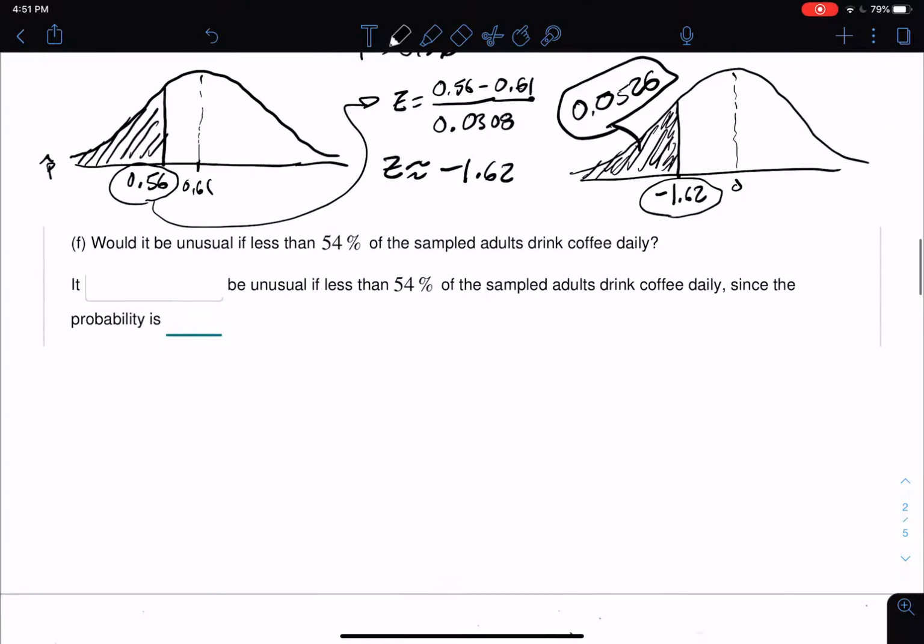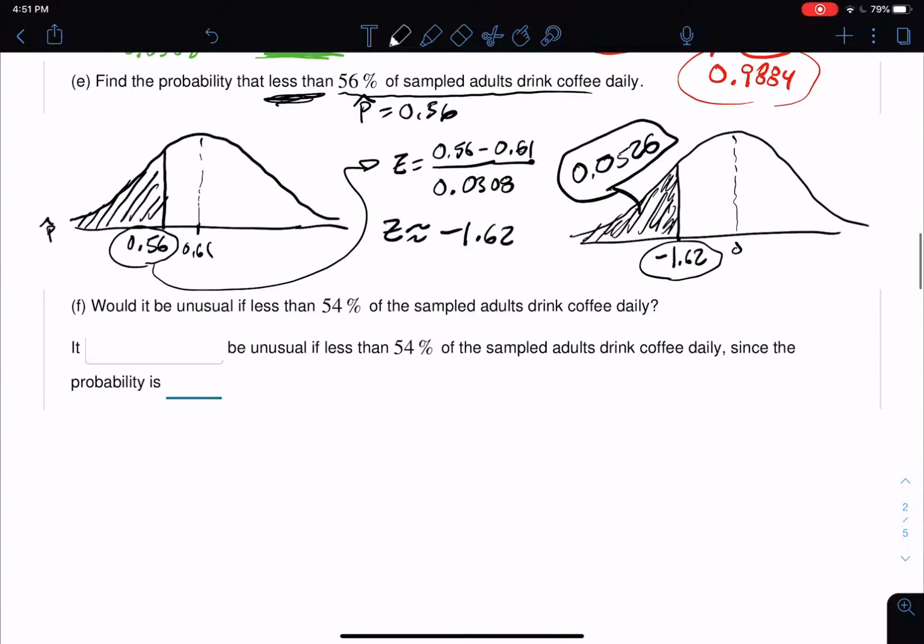Now this last one is doing the same thing again, but then they want to know, is this unusual? And for something to be unusual, it must be less than what? 0.05 or 5%, right? If the probability is less than 5%, we call it unusual.